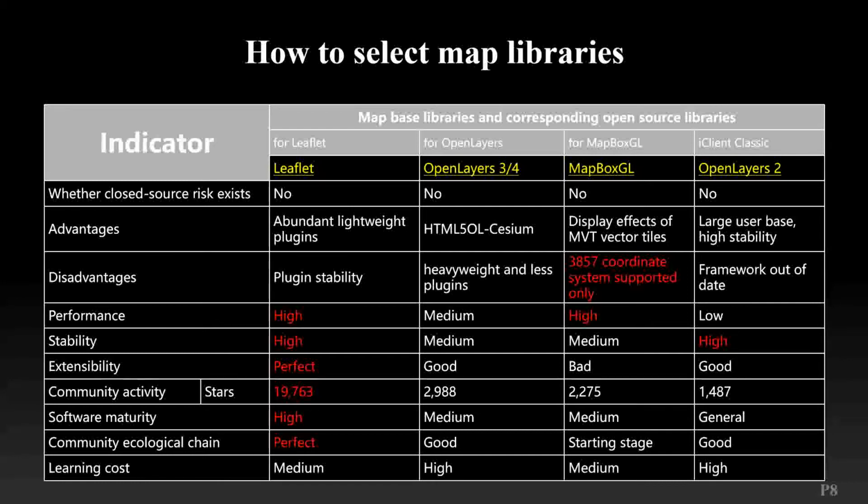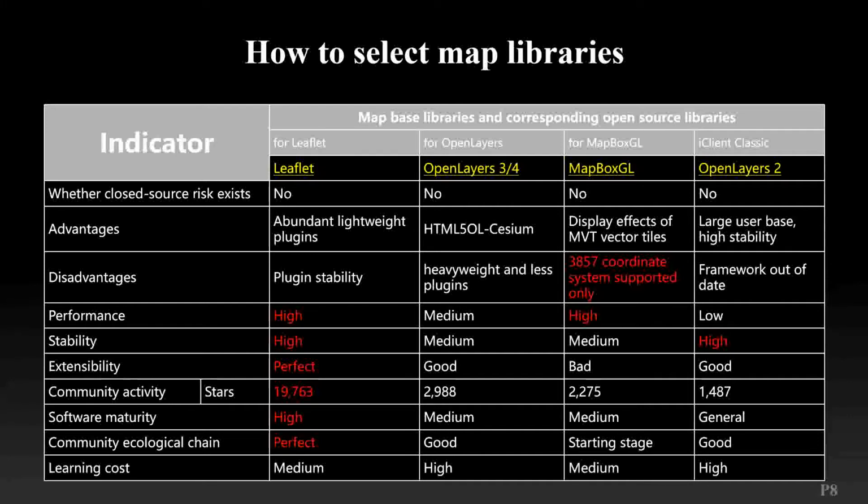And actually, here is what we suggest you to choose. At first, if you only want to develop a lightweight application, that means your GIS application is not so complex, it only has functions like showing the data, showing some features, and editing the data, I mean the general GIS application, you can choose Leaflet.